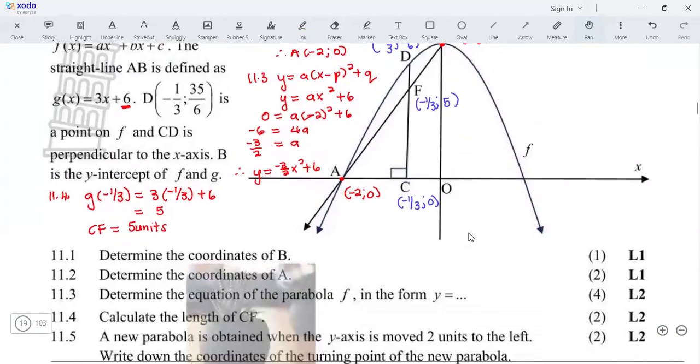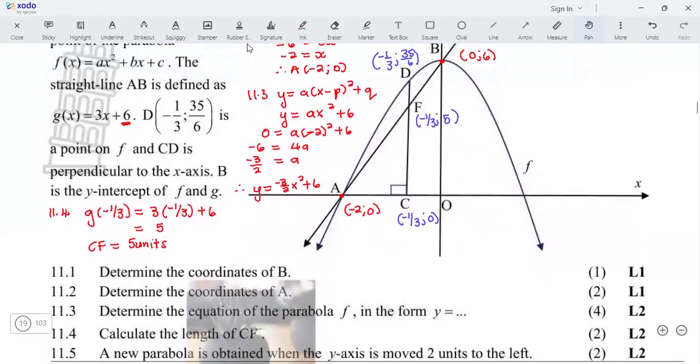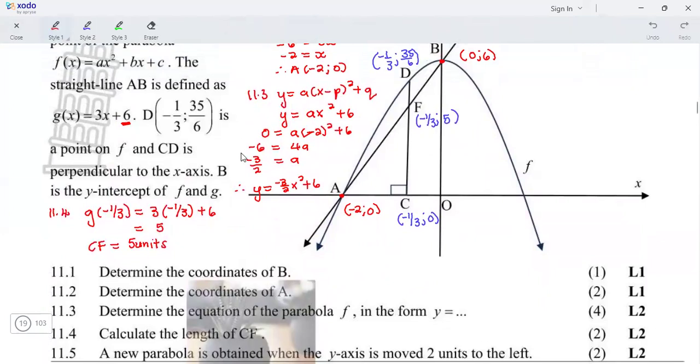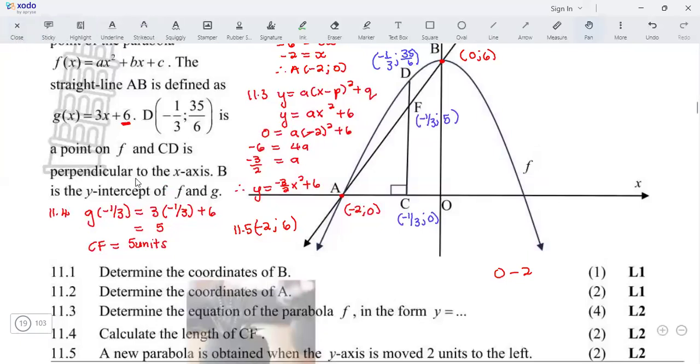So the turning point here, 11.5, is (-2; 6). Those are the coordinates of the new turning point. So you're taking 0, subtracting 2 because we're shifting to the left, which gives us -2.